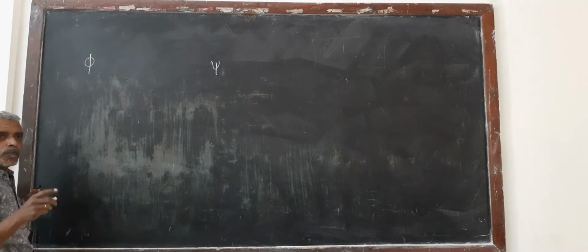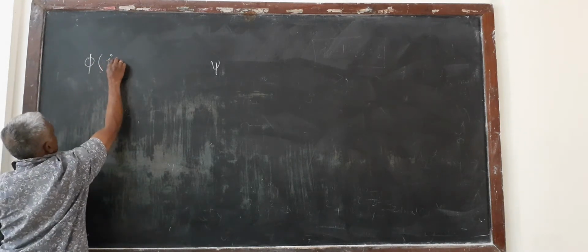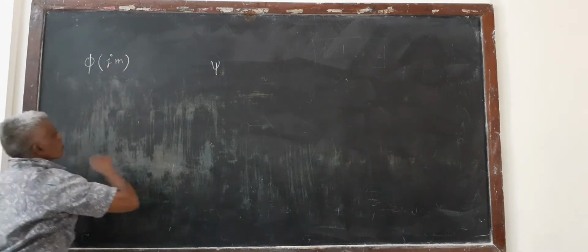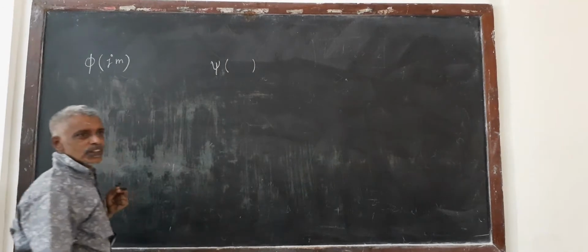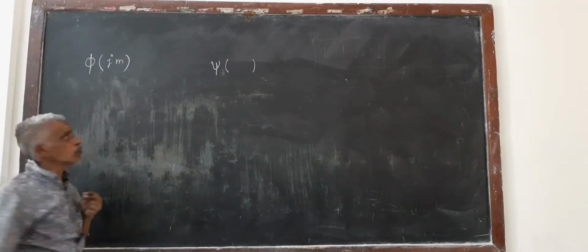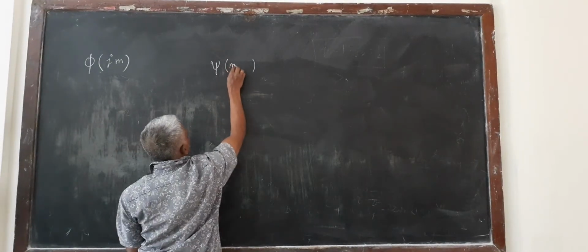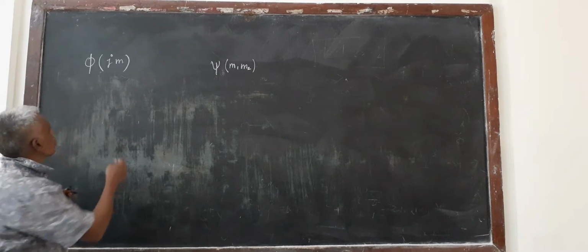Now we go step by step. Phi j, psi. What you are writing is? Good. Actually, I did not write it any day, but I will write it now.